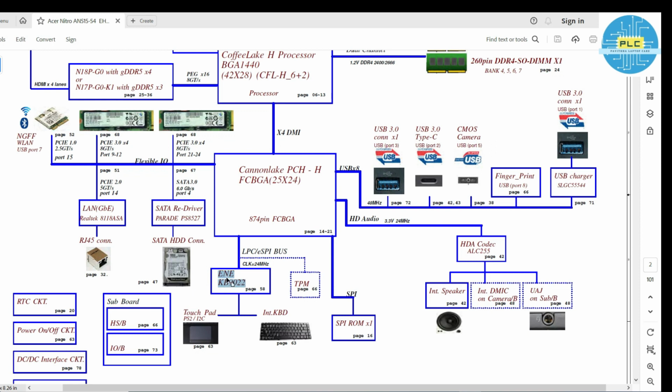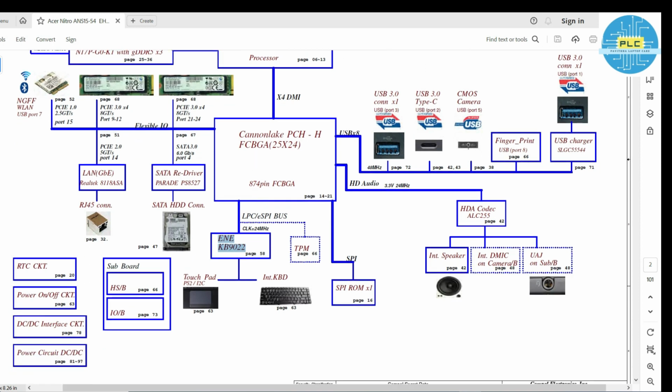The IO is connected to the PCH, keyboard and touchpad. This one complete circuit is connected to these devices. And here SPI ROM, it's a BIOS IC. This one is connected to the PCH. This is hard disk related. Page number 47.